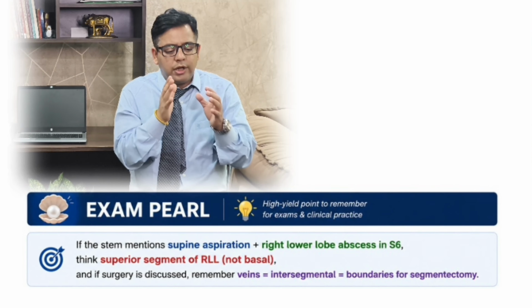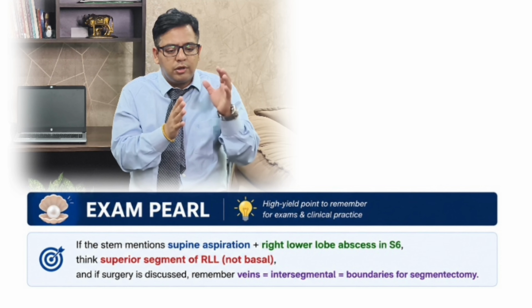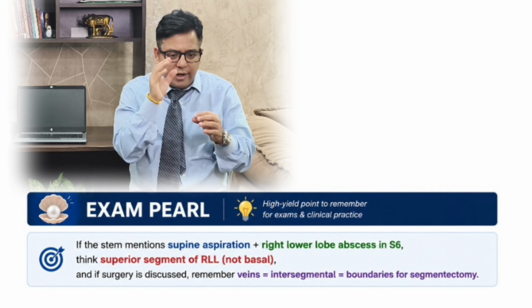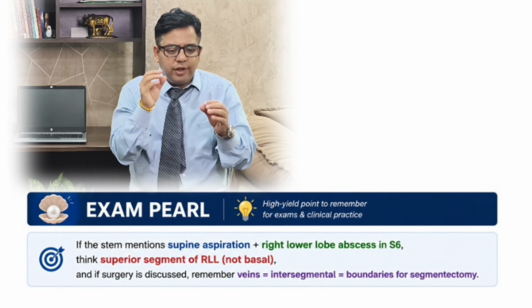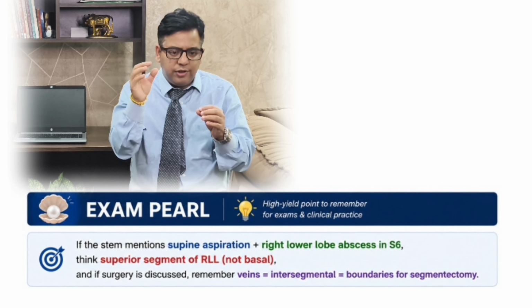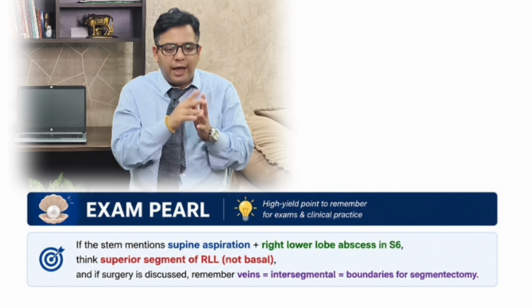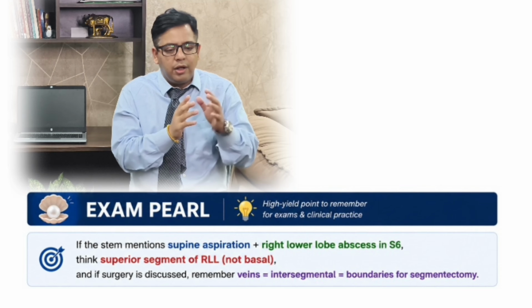Now coming to the take home messages, the key clinical pearls from this case. Supine aspiration, development of right lower lobe abscess indicates that the superior segment S6 of the right lobe is involved there, as in supine position it is the most dependent segment.